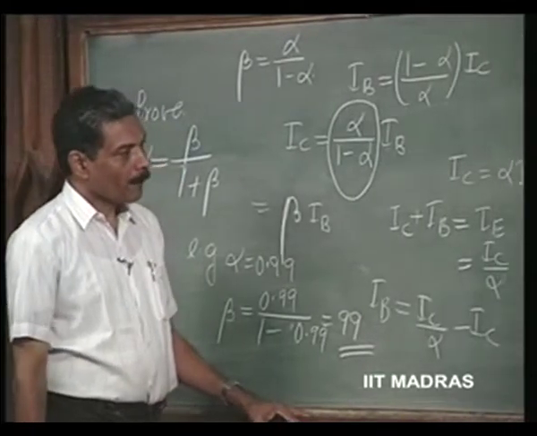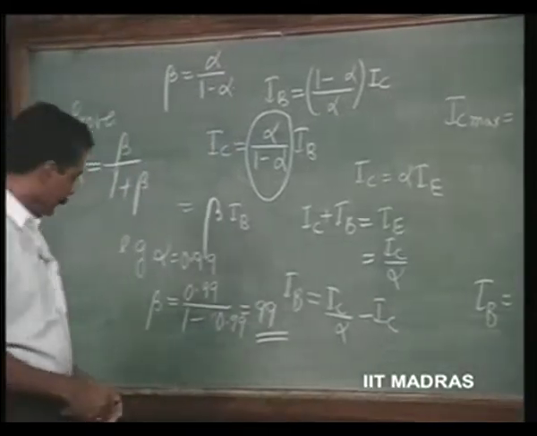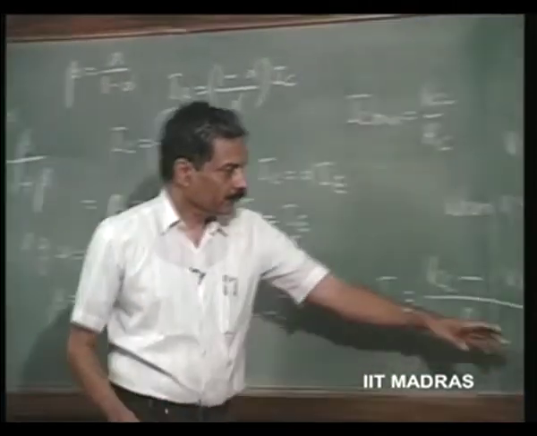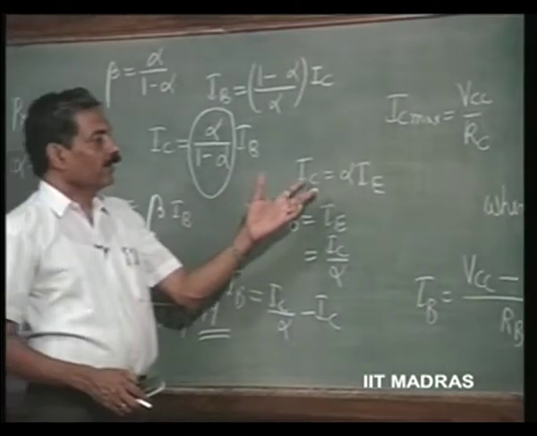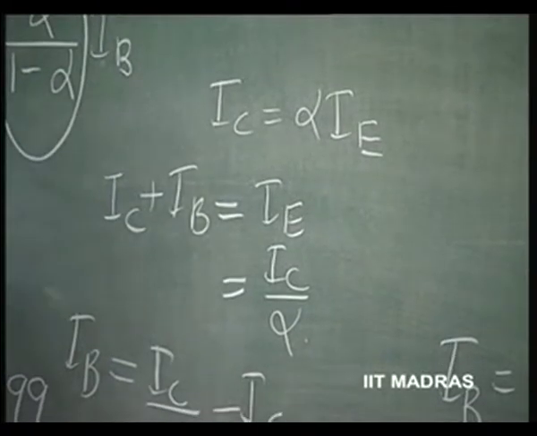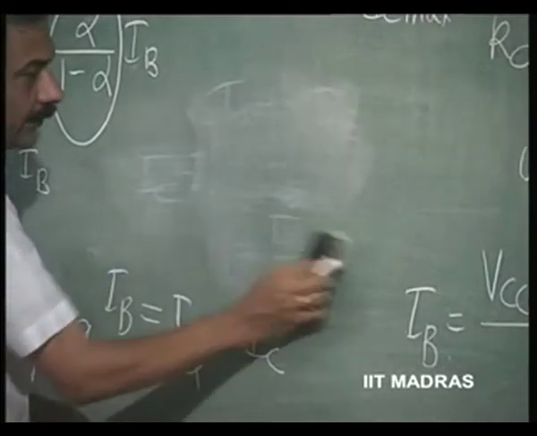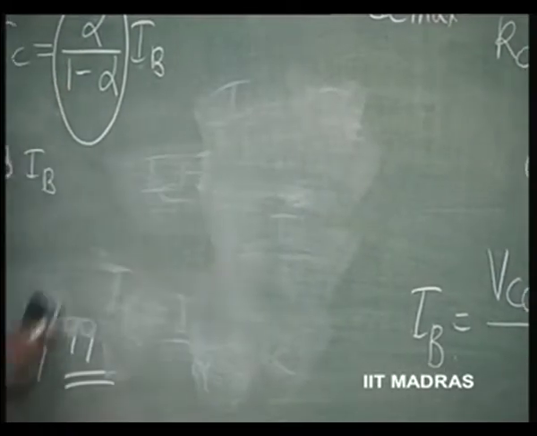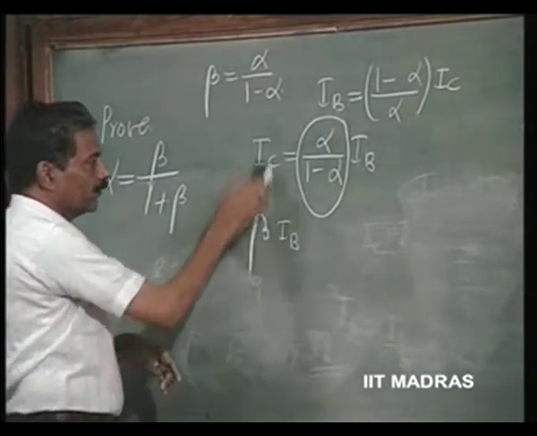Now, we have this particular relationship wherein we want IC equal to alpha IE not to be satisfied, because the transistor has gone to saturation. When will it happen? If I make the base current such that it is more than what is going to be determined by this.